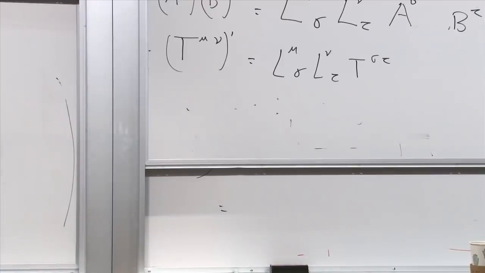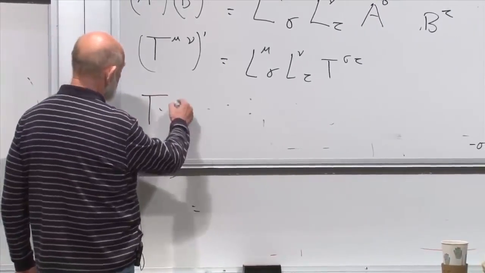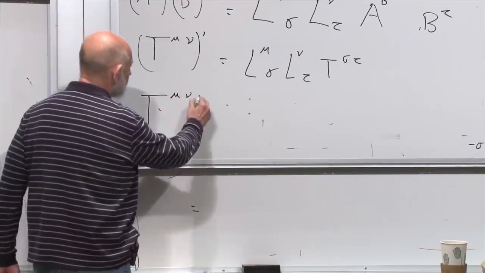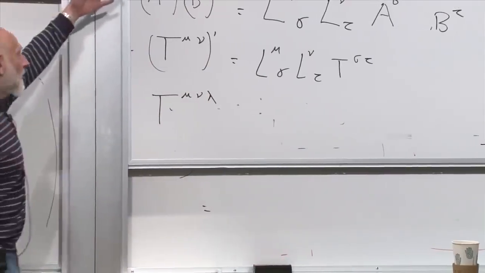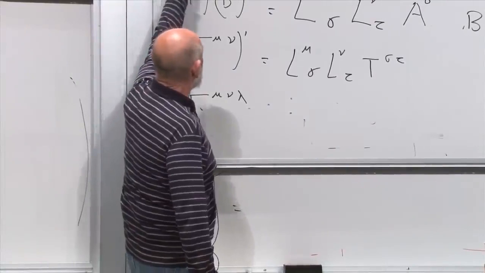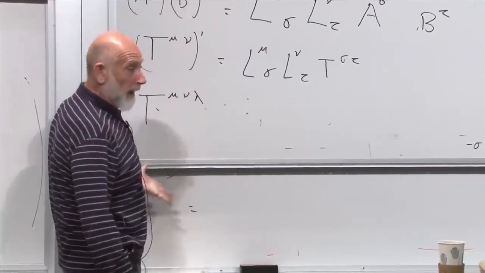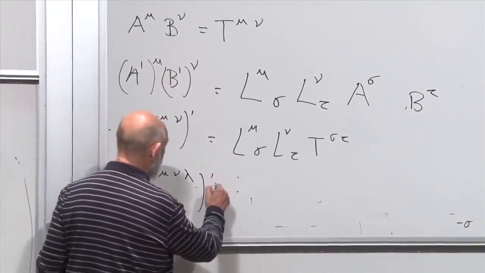You can invent more complicated kinds of tensors. Tensors with three indices, mu, nu, I don't know, lambda. How would this transform? You can think of it by just thinking of it as the product of three vectors with index mu, nu, and lambda. I won't write it down, but the way that it transforms is straightforward.